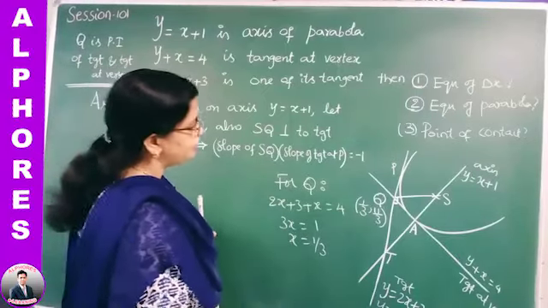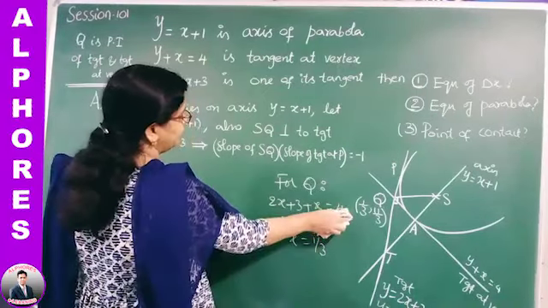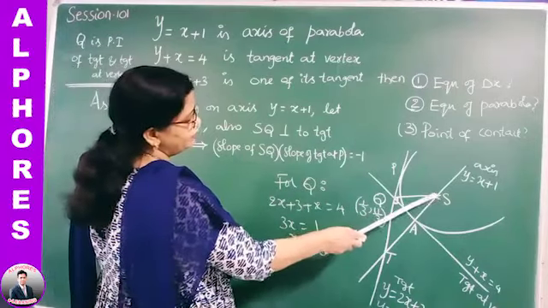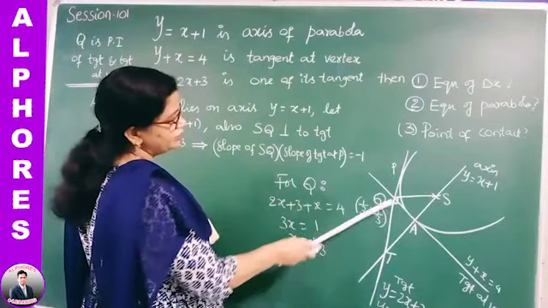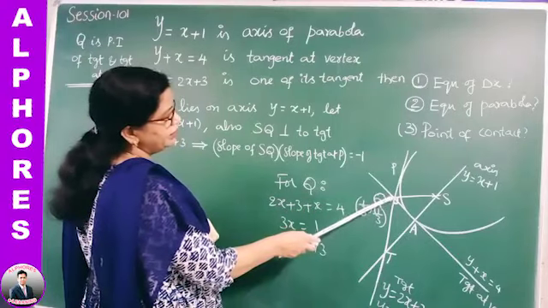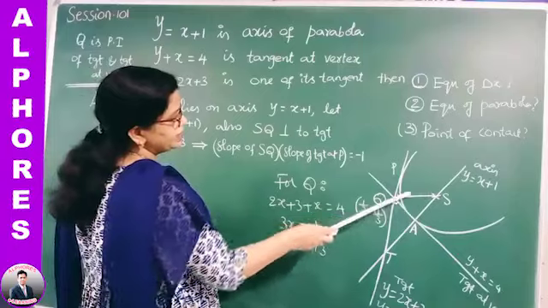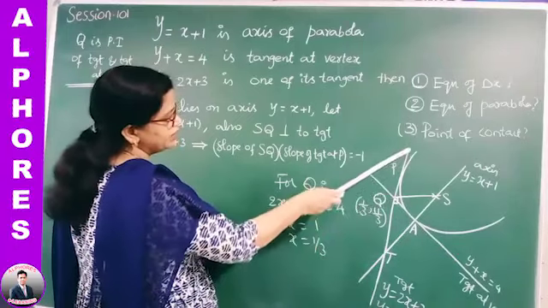Once you know the Q coordinates, students, again you can make use of the concept that the perpendicular drawn from the focus on any tangent always meets the tangent at the vertex exactly at a right angle. That means SQ is perpendicular to which line?